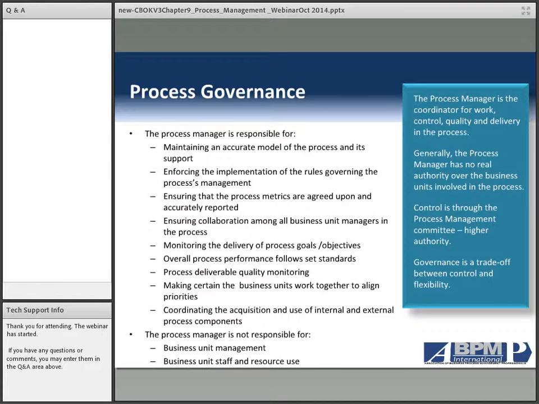Now, all of that governance is based on different models of the process. You need to know how it's working, how you're managing it, how you're measuring it, and the quality of the data, and the list goes on. All those things become the foundation for performance management and process governance.